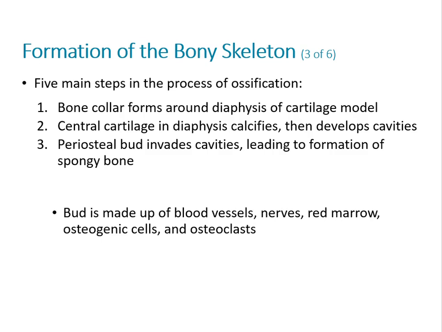And so that is going to introduce cells that can create bone matrix into the center of this hyaline cartilage model. So the bud is essentially made up of blood vessels, nerves, red marrow, osteogenic cells, and osteoclasts. This periosteal bud is trying to save the day for cartilage, but actually ends up introducing everything we need to make bone.